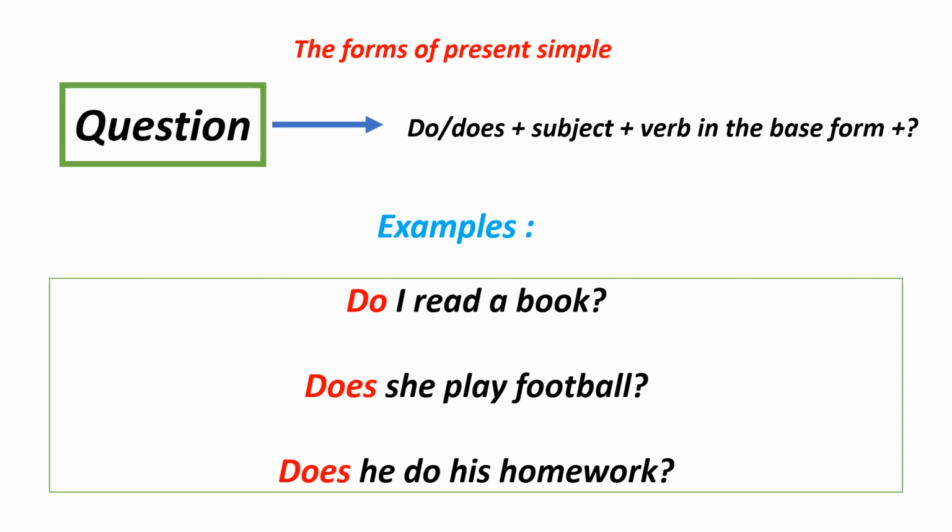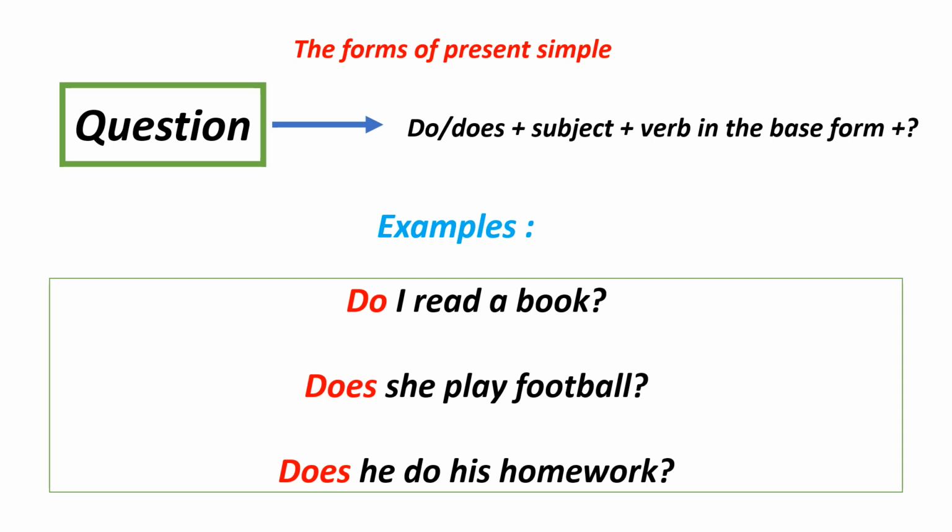I use do if the subject is I, you, we, you, they. And I use does if the subject is he, she, it. Clear. Then a verb in the base form. Then an object, however you like. Then a question mark. Don't forget it. It's also important in the question form.